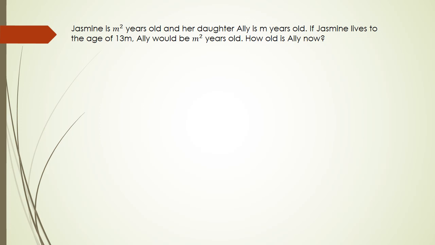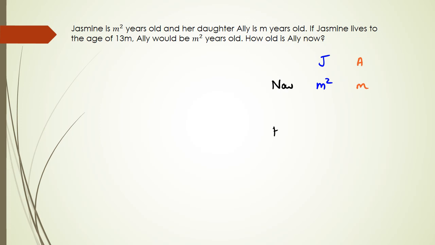Basically with these types of questions, what I always like doing is creating a small table. So I've got Jasmine, and then we've got her daughter Ali. Jasmine is m squared years old, and her daughter Ali is m years old. So Jasmine is m squared and Ali is m, and I'm assuming that this is now.